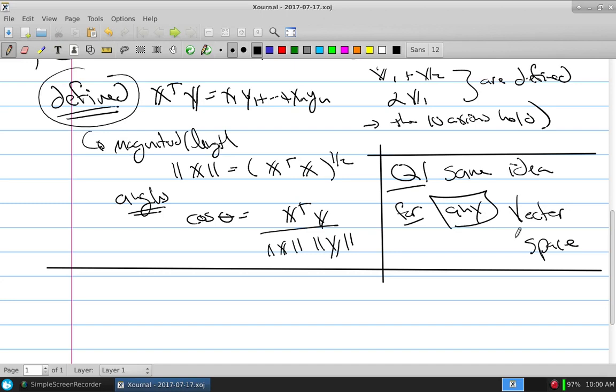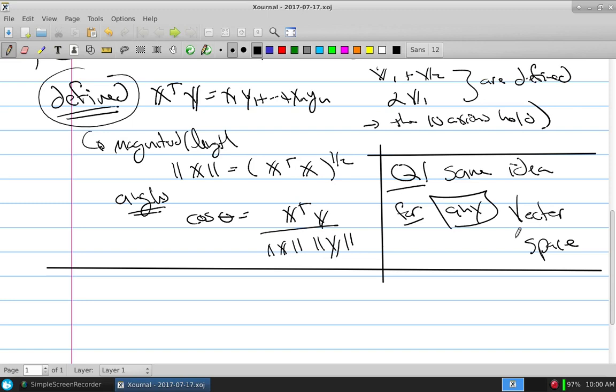So given a vector space, Rn, we had this new binary operator, right? Binary means it's working on two things. And we called it the scalar product. It took x and y and mixed it and spit something out. So it was a binary operator. It was defined this way for the very specific reason that it allowed us to talk about lengths and it allowed us to talk about angles.